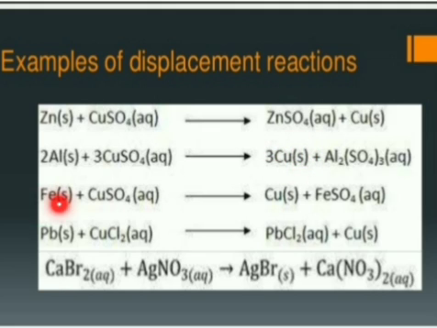Similarly, iron reacts with copper sulfate and forms ferrous sulfate or iron sulfate, and copper is produced. In all these cases, the more reactive element displaces the less reactive element from their compounds.